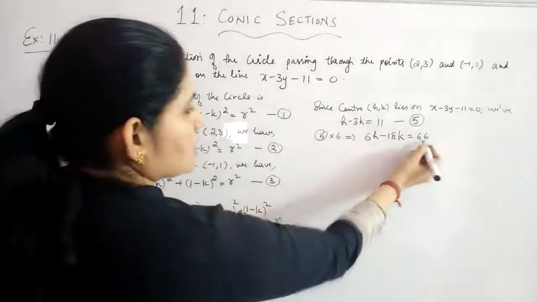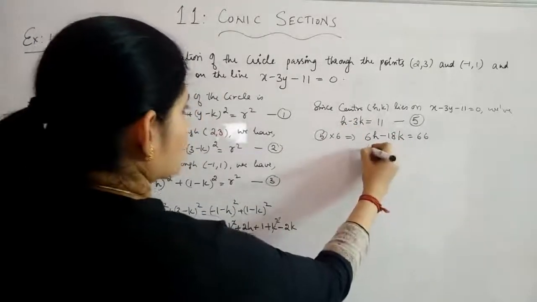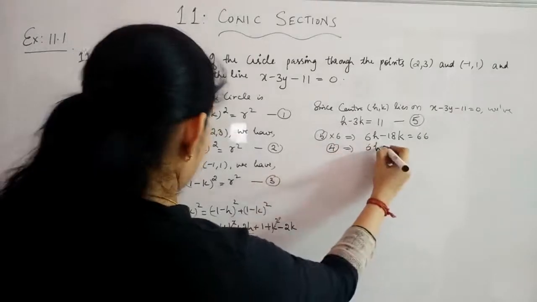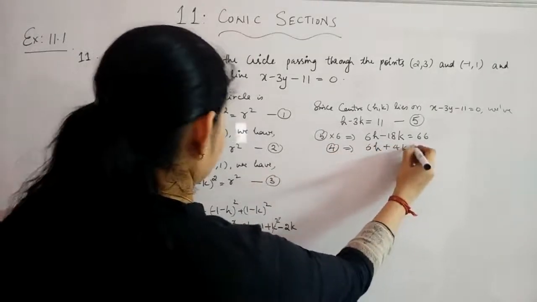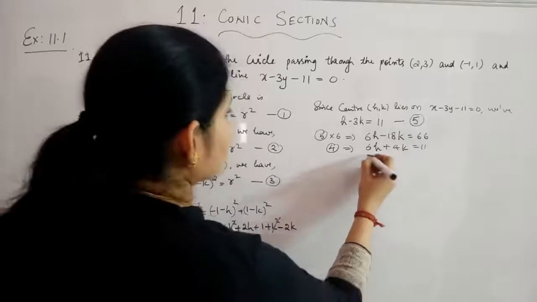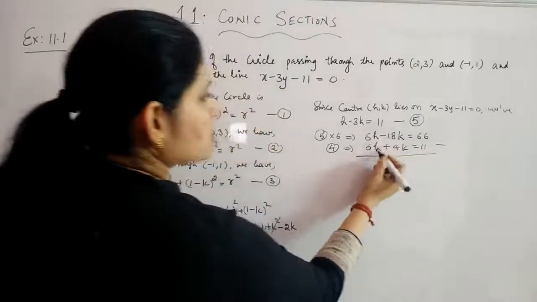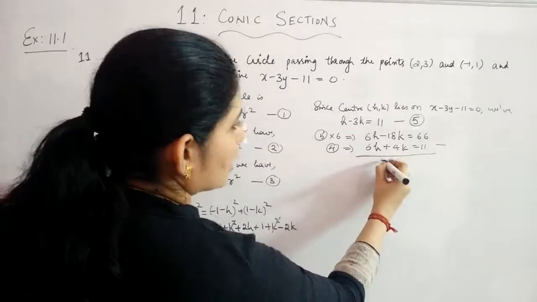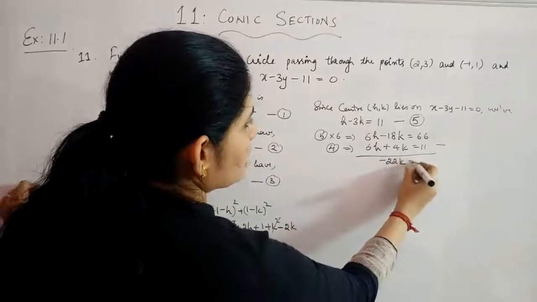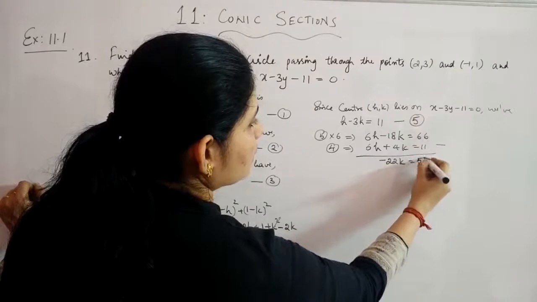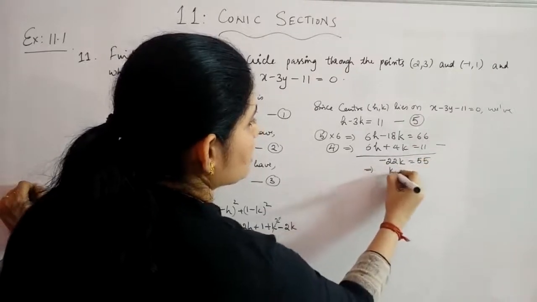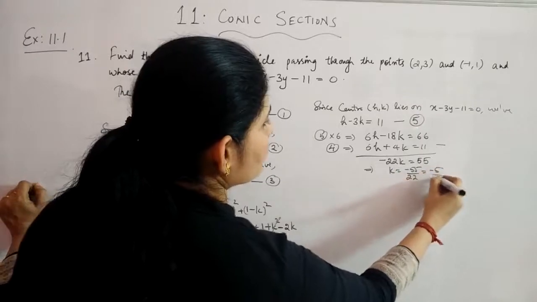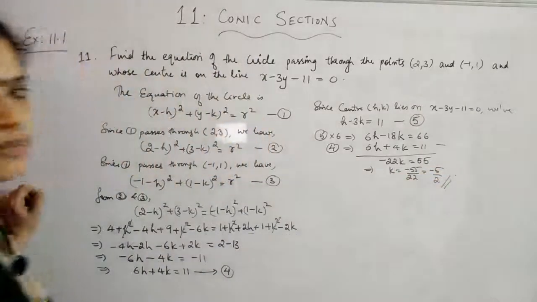This is one equation, and the fourth equation was 6h + 4k = 11. Now subtracting the two equations, h will go and you will get -18k - 4k, which is -22k, equal to 66 - 11, 55. So you are getting k as -55 by 22, which is -5 by 2. So the value of k is -5 by 2.